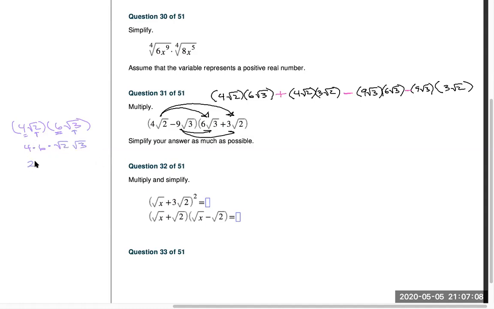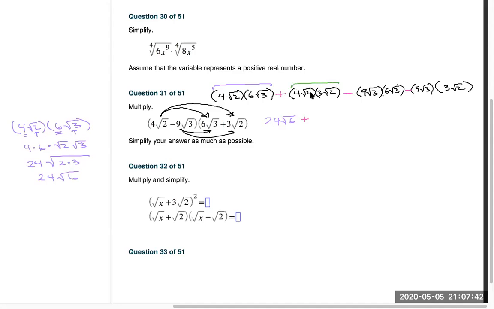This part becomes 24 in the front, with a root of 2 times 3 underneath. So this is 24 root 6. There are no pairs of factors here, so this will not be simplifiable. Keep it 24 root 6. We have a plus in the middle, and let's keep going.